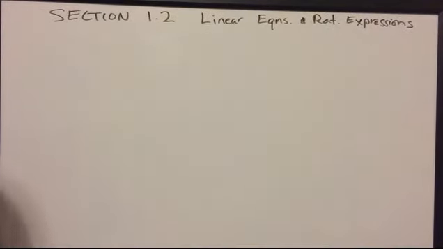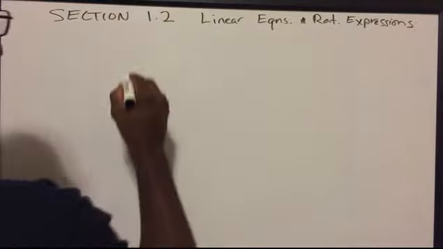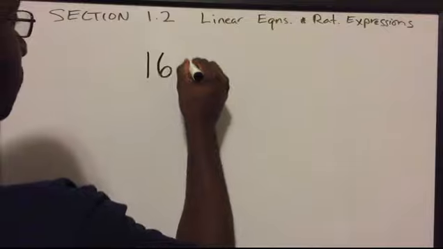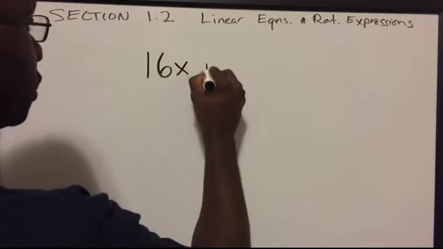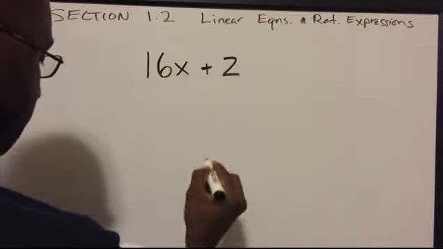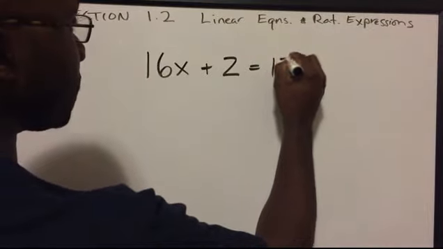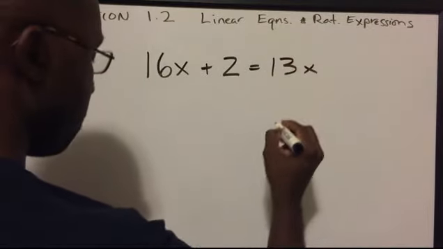Now, as we go into test number 2, we're taking it a little step further, in that we're dealing with equations such as 16x plus 2 is equal to 13x minus 7.